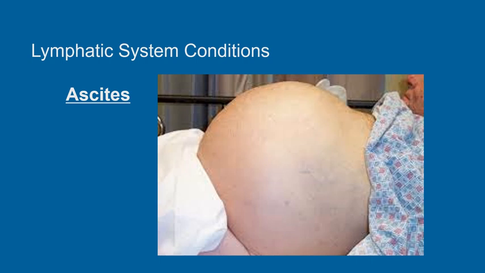This is a condition called ascites. This is not a beer belly. This is a condition where an individual has some difficulty reabsorbing the fluid back into the general circulation. So it gets trapped out in the interstitial space, the space that is bathing all the cells. And this is usually a result of liver failure, because the liver is the organ that's responsible for making albumin.